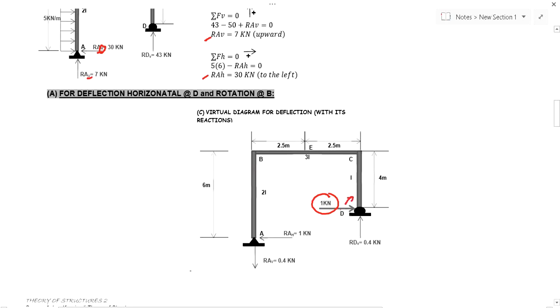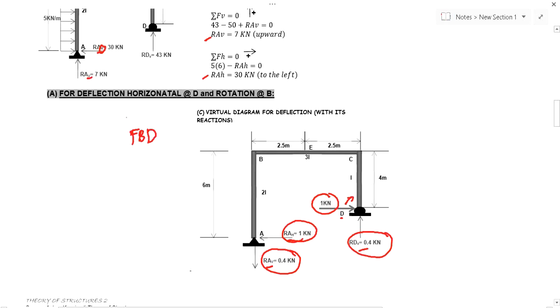This is our assumed direction. 1 unit load at D. If you apply 1 unit load at D, we solve the reactions again. Taking the summation of forces, or the equilibrium equations, we can solve for the horizontal reaction at A, vertical reaction at A, and the vertical reaction at D. This is the FBD for deflection.